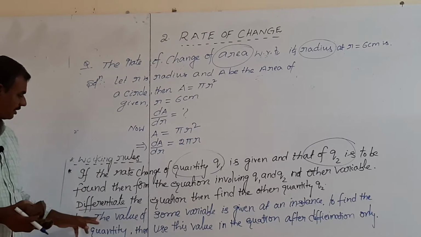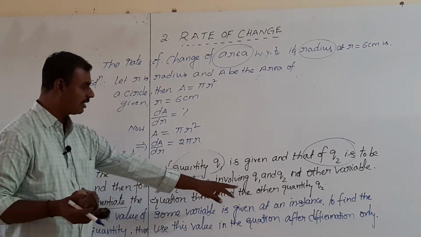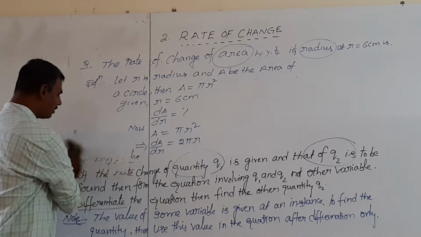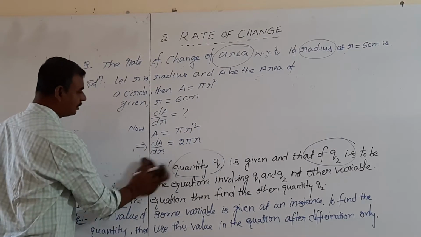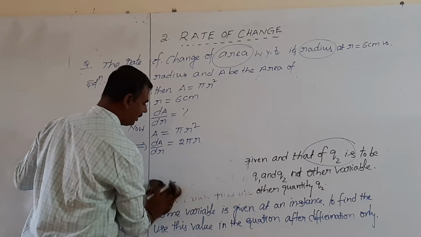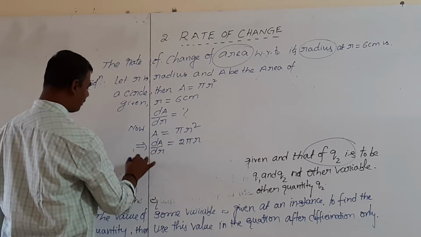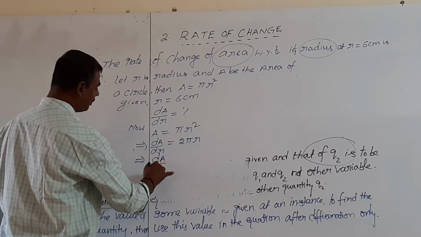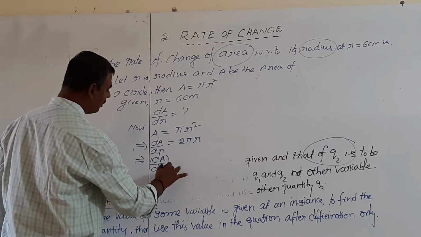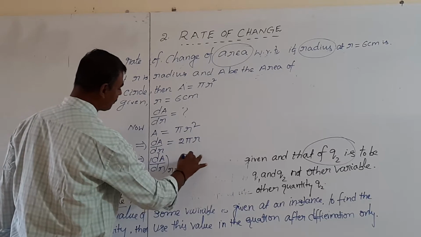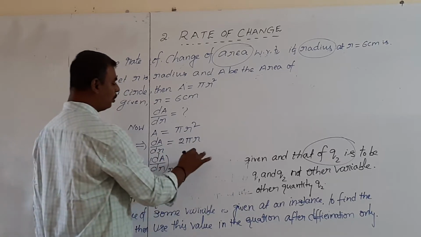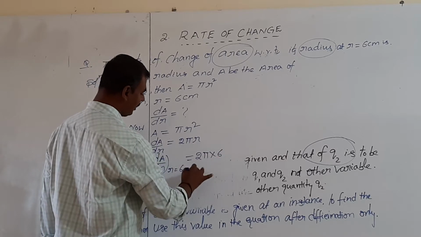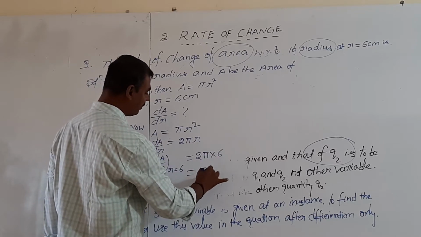After the differentiation, if the value of some variable is given at an instant, which value is given? 6 is given. So at r is equal to 6, what is dA by dr? Substitute here, 2 pi into 6 is equal to 12 pi.